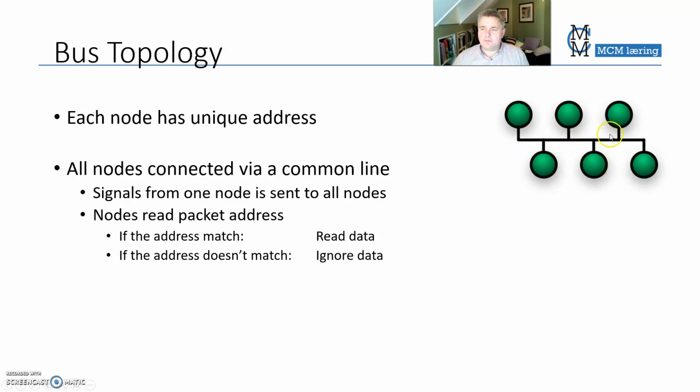In that way, computer number 5 and 6 and 3 and 2, they know that they should not study that message. It's not for them, so they can ignore that message. Messages that are not for one of the devices will simply be ignored.